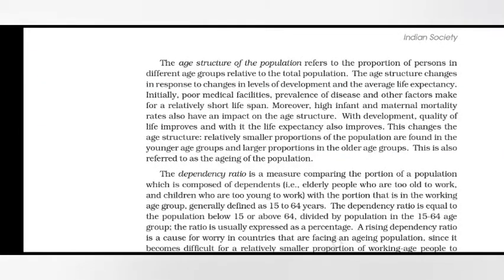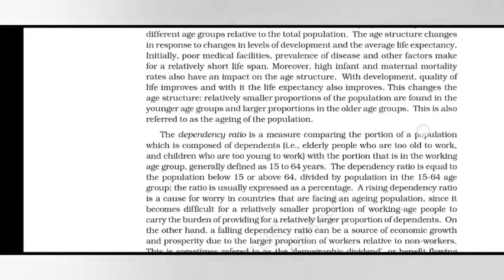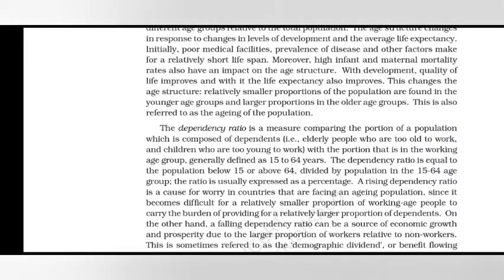The age structure of population refers to the population of persons in different age groups relative to the total population. The age structure changes in response to changes in levels of development and average life expectancy. Initially, poor medical facilities, prevalence of disease, and other factors make for a relatively short lifespan.